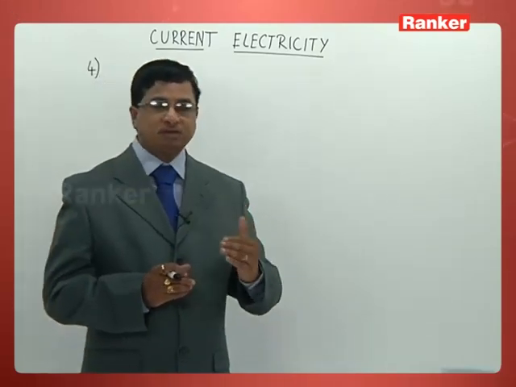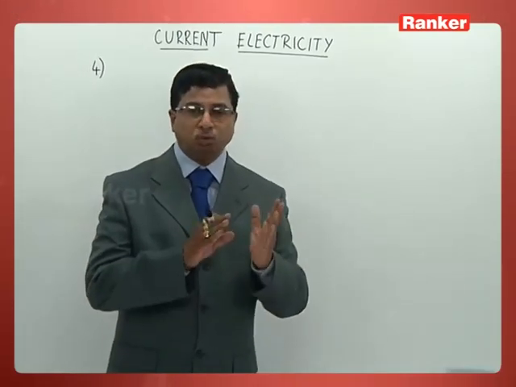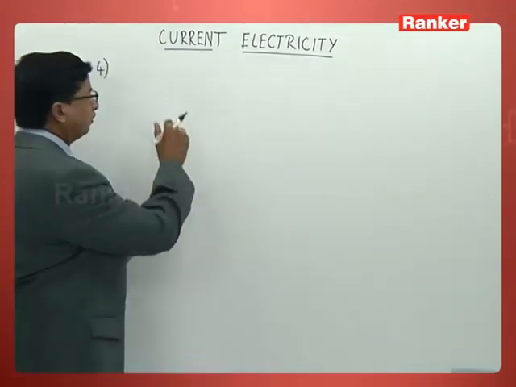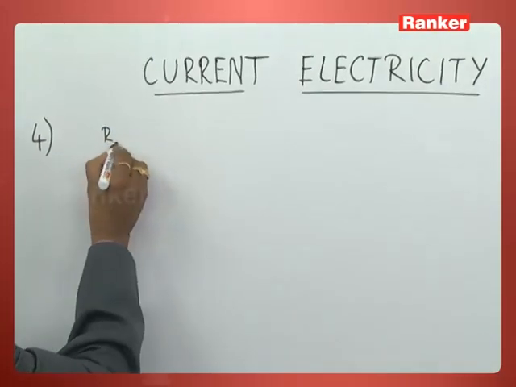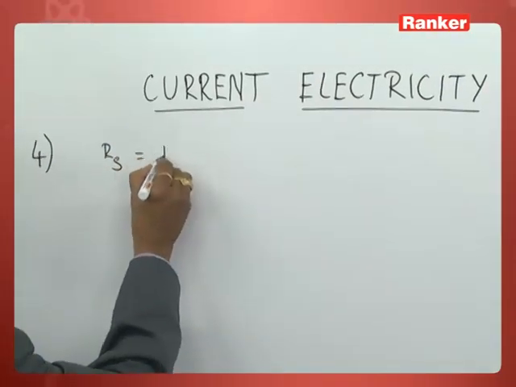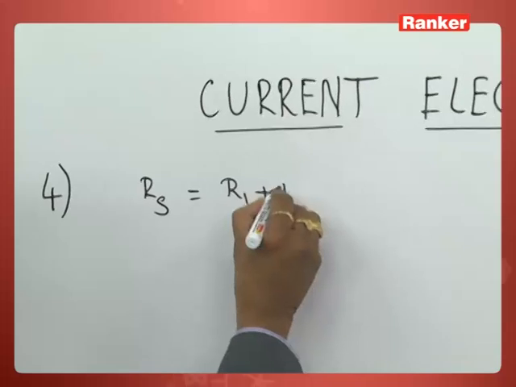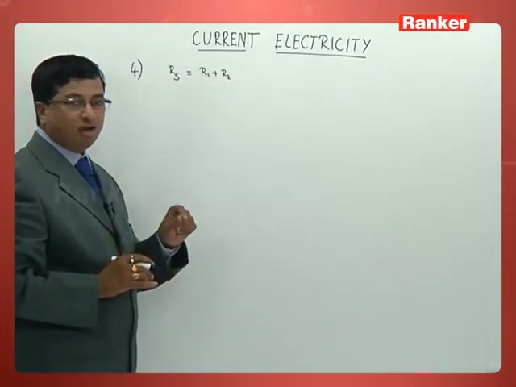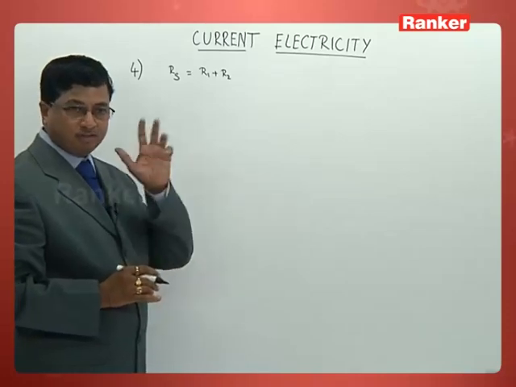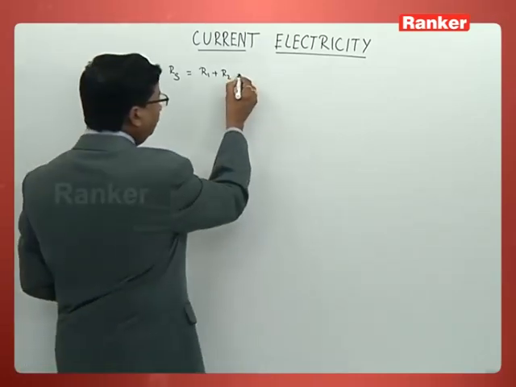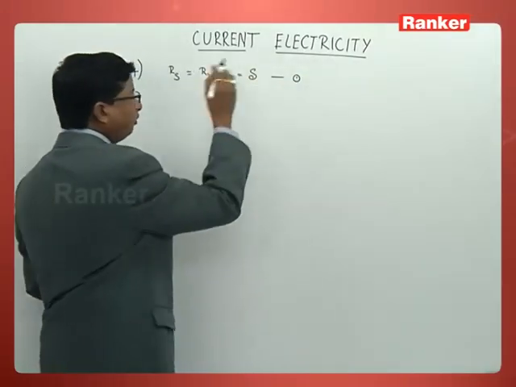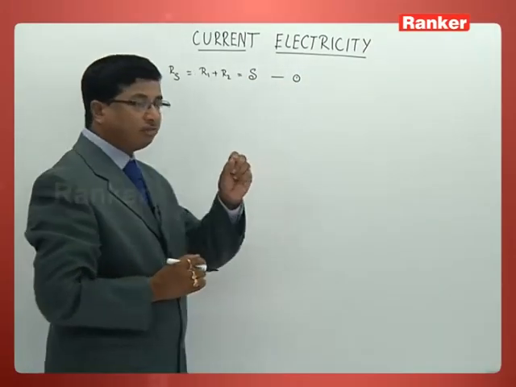So, the resistance of the series combination of two resistances is S. What we can understand first of all: when two resistances are connected in series, R1 plus R2 will be their effective resistance. That value is given as S, the first equation I can take from the first sentence.